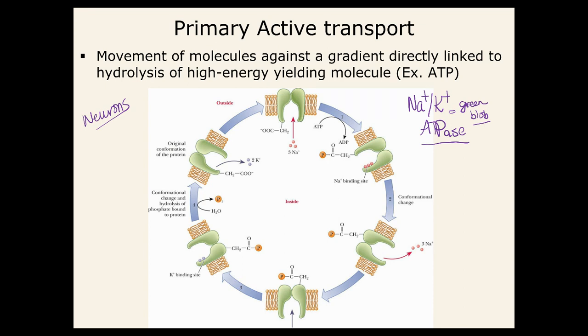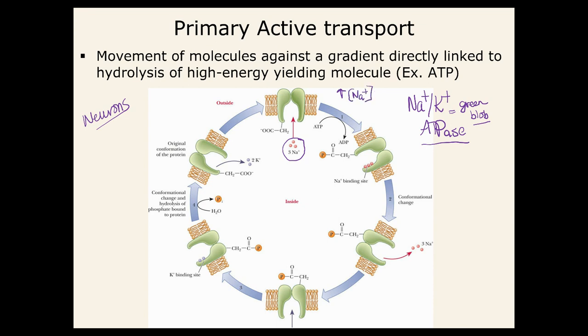And this is a great example of how ions can move through the lipid bilayer. But in this case, the sodium ion has to move against its gradient. So it's going to get pushed to the side where there's a higher concentration of sodium ion.